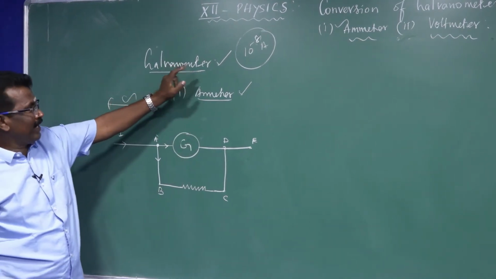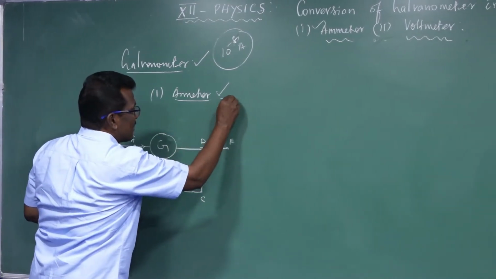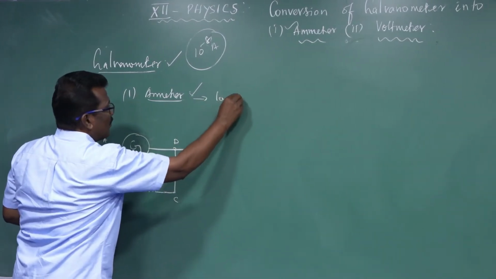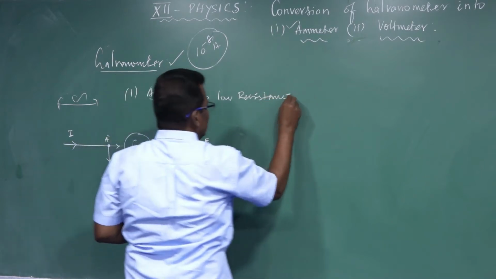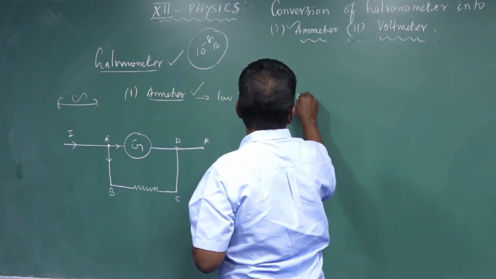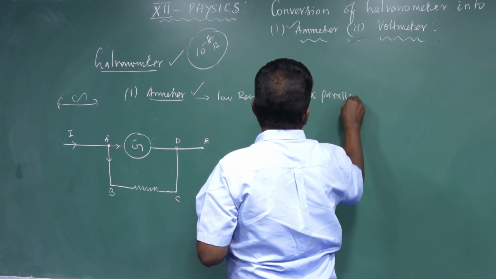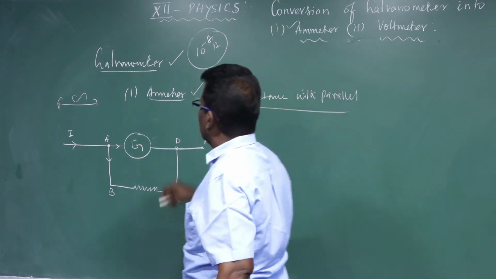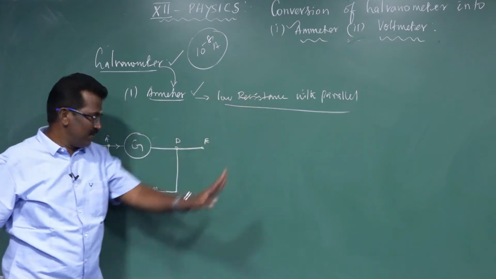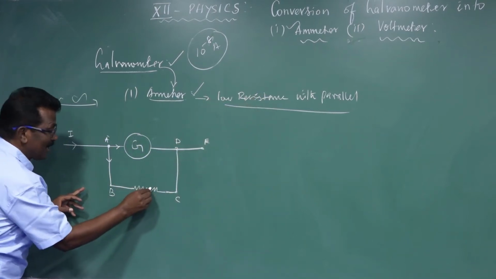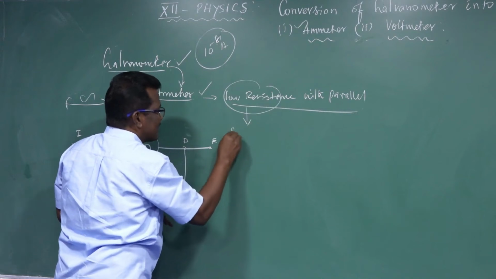Now the galvanometer can be converted to an ammeter by connecting a low resistance in parallel. So this is a low resistance.